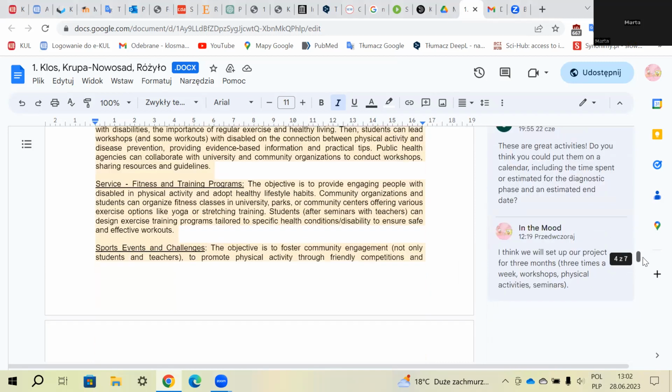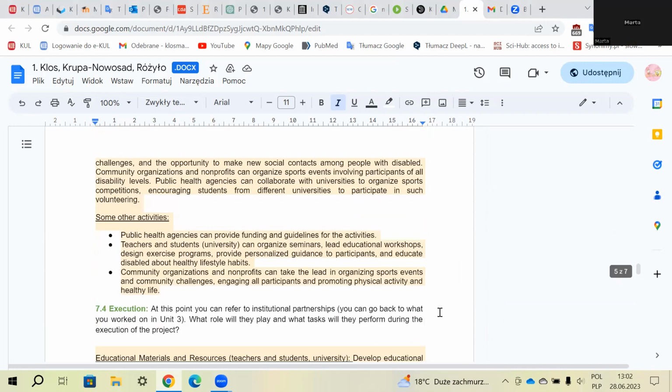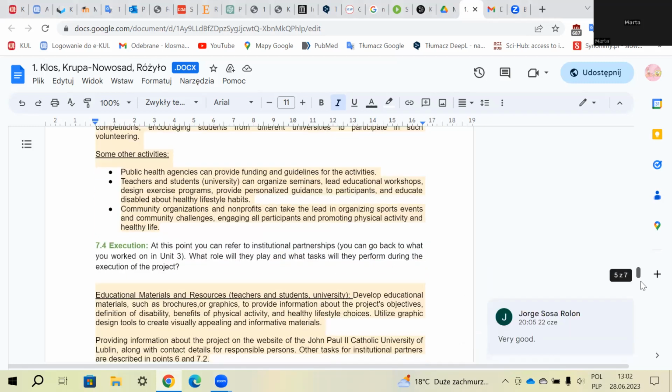Public health agencies provide funding and guidelines. Teachers and students can organize seminars, workshops, and others. And community organizations and non-profits can take the lead in organizing sports events for disabled people and just for students.